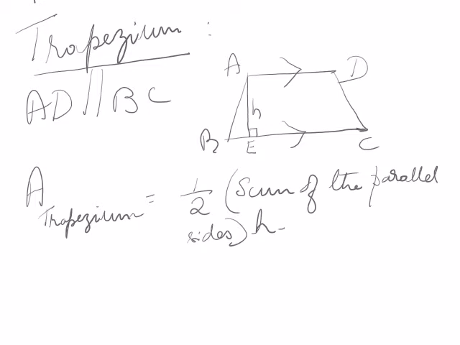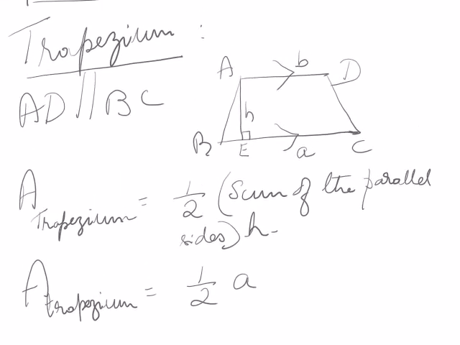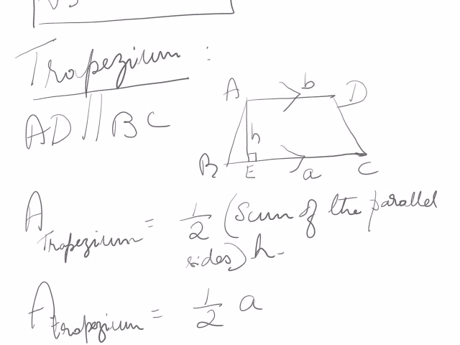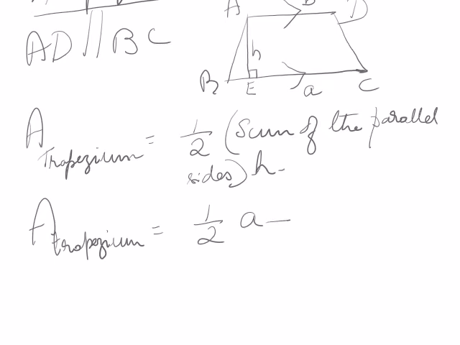Now I'll explain. Suppose the length of BC is A units and the length of AD is B units. Then the area of the trapezium is equal to half the sum of the parallel sides. The sum of the parallel sides here is A plus B. These arrows indicate that they are the parallel sides. So half A plus B into h.